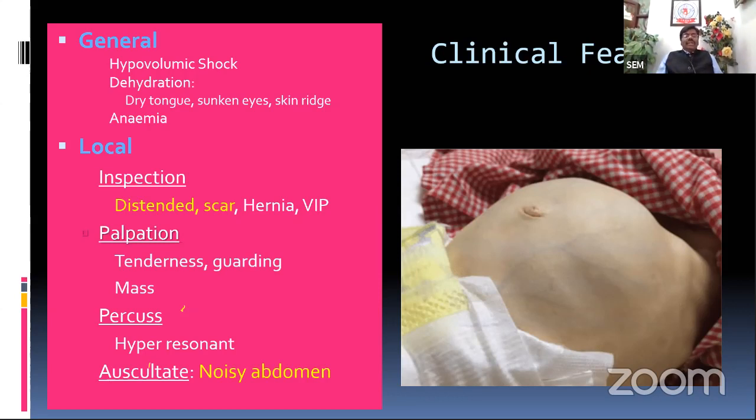So rigidity, guarding, or what we call rebound tenderness, Blumberg sign, or a release sign, where as you are conversing with the patient, when the patient is least expecting, suddenly you take the hand out.